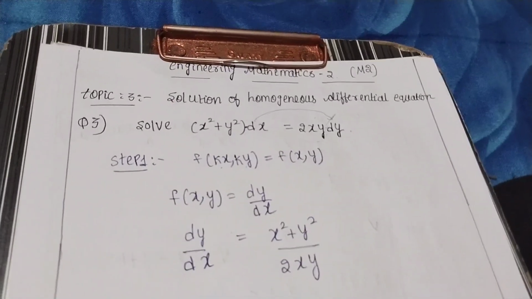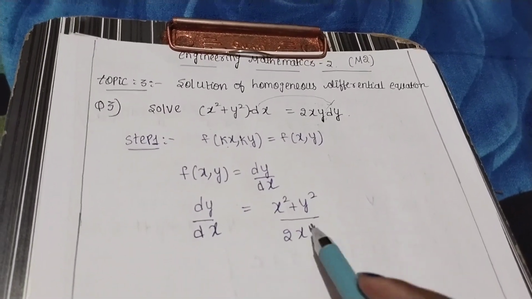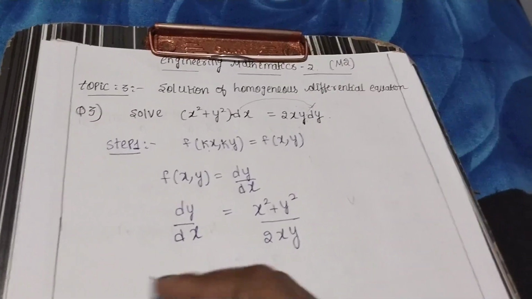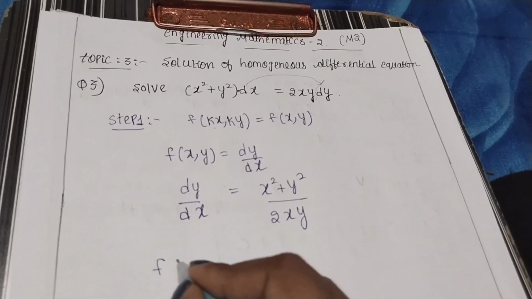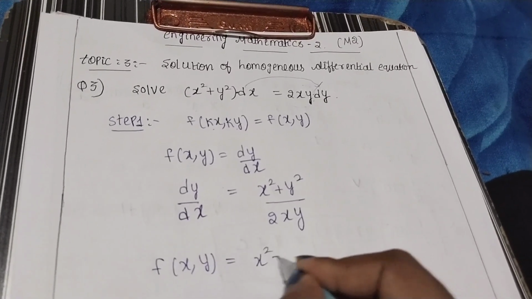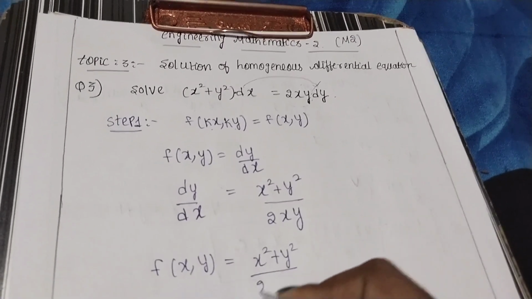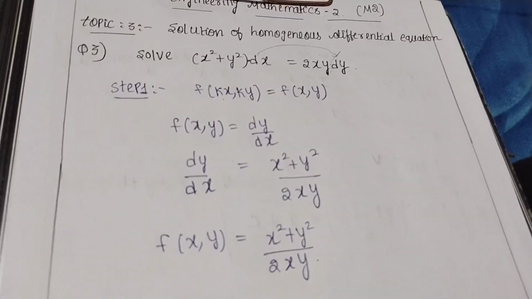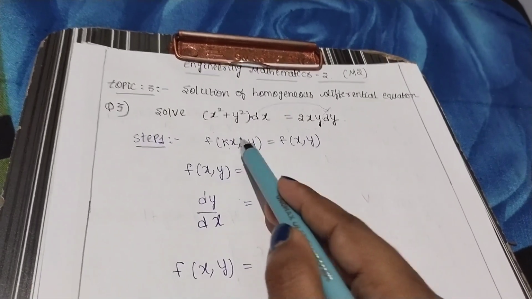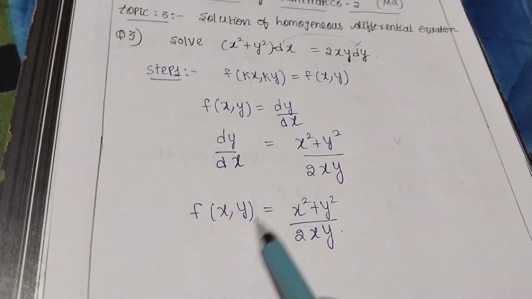That's how we have got f of x comma y equals x square plus y square divided by 2xy.